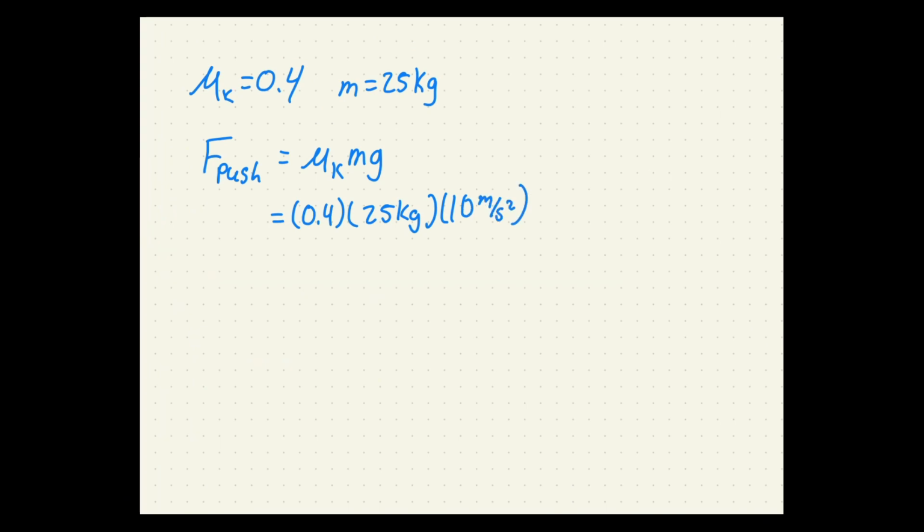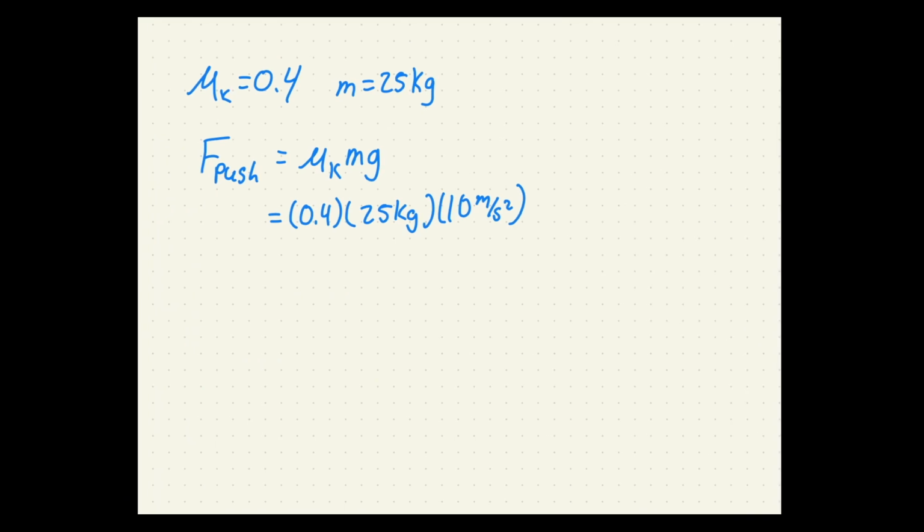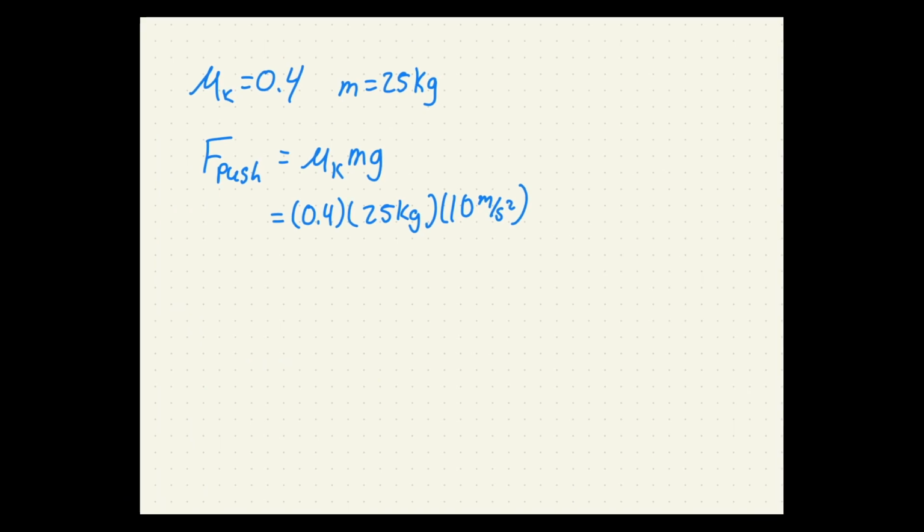Again, this is not negative 10 meters per second squared because g is not a vector here. g is the scalar version, and it just has that 10 meters per second squared as its magnitude, with no positives or negatives for direction. So it's just mu k times m times g, where g is positive 10 meters per second squared. If I plug that into a calculator, I should get around 100 newtons as my push force.